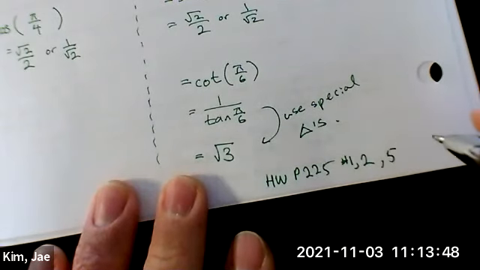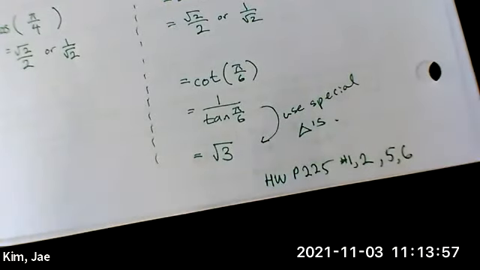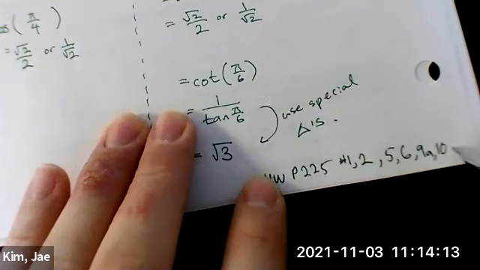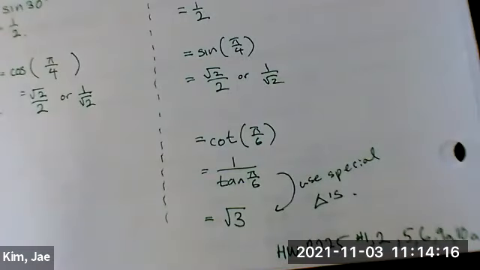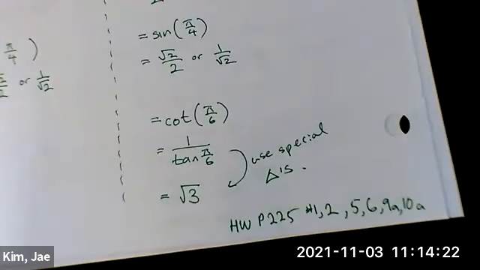Number 5, 4 over 8, 5 and 6, as well as 3 over 11 is definitely. Oh, I can't ask you that just yet. 9a, 10a. Yeah, let's leave it at that. Numbers 1, 2, 5, 6, 9a, 10a. So basically 6 questions that use correlated angles from 0 to 90 degrees.